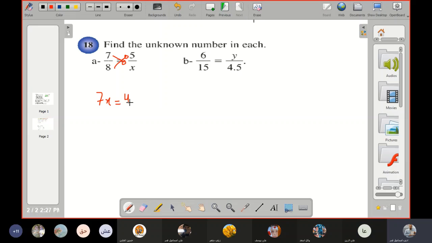Then to get x alone, what do we do? We divide both sides of the equation by 7, the number beside the x. 7 with 7 is simplified. We get x equal 40 over 7.